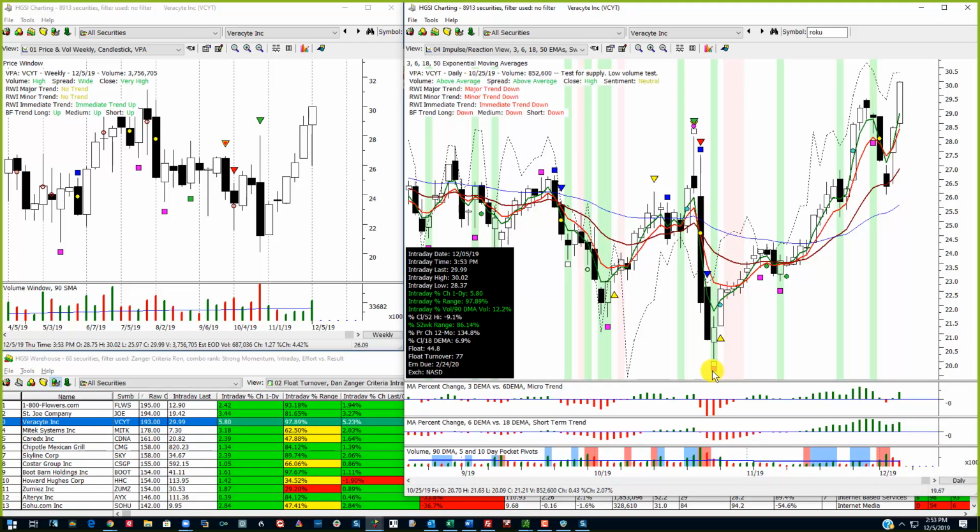But what do we have here? We have a low volume test, a confirmation of this test. Many of you call that a J flag. You can see the histograms are well below the line because the moving averages have all crossed over. But this did work out.